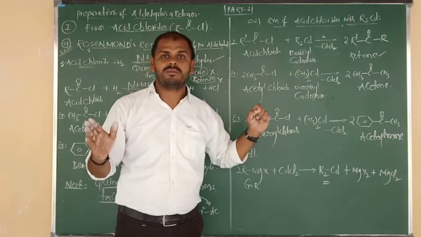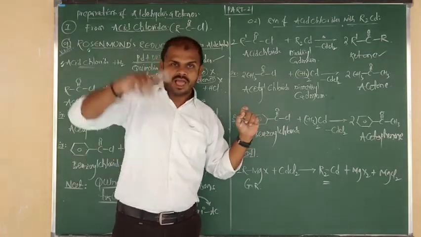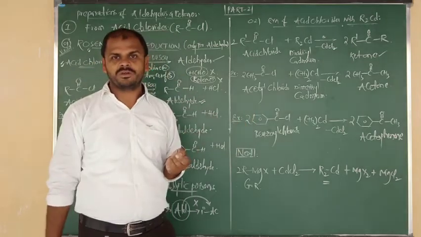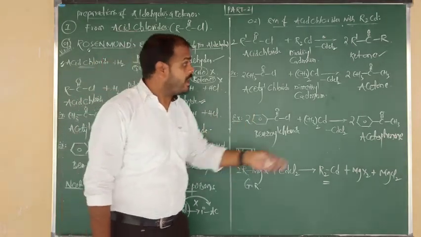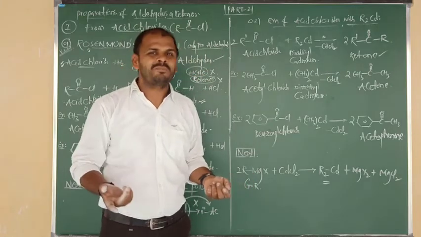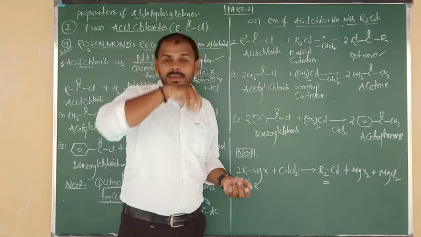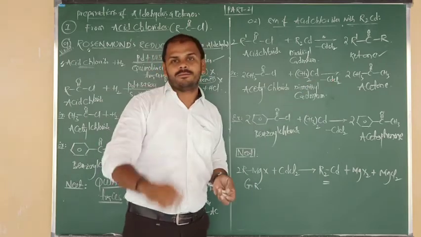These are the common formulas, and all their common names and IUPAC names I gave in the last class on nomenclature. But you must not neglect this. If you don't know the common name, you won't be able to read any preparation and property. So try to get a grip first on the formula and the name.